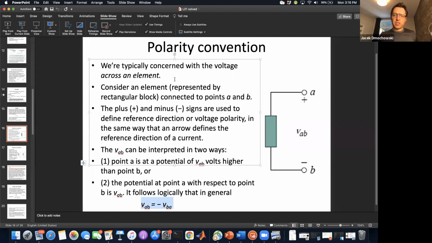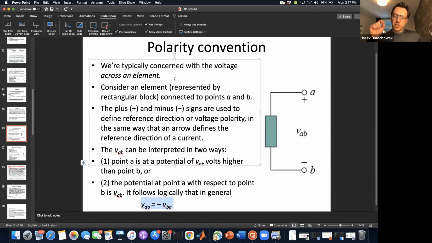And so remember, voltage very much needs 2 points for it to make sense. Voltage is always in reference to something, right? And that's different than current. You can have current at a single point. You cannot really have a voltage at a single point.